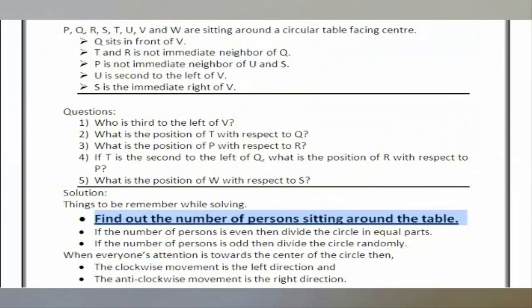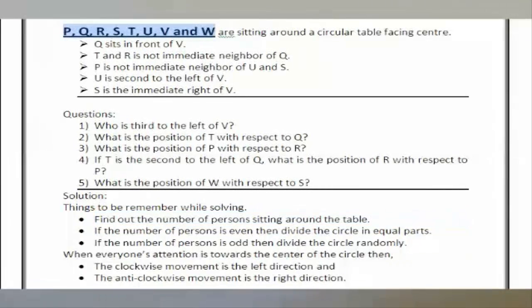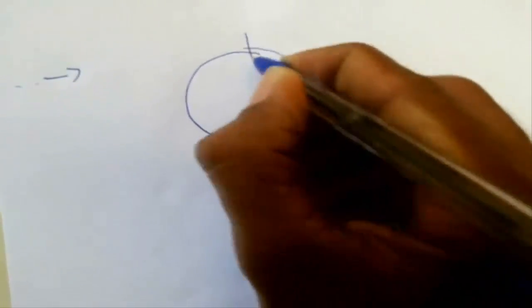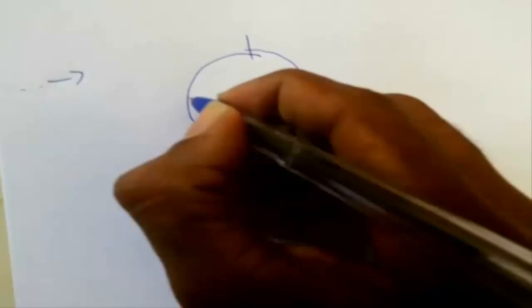Here in this case there are 8 persons: P, Q, R, S, T, U, V and W. So we have to divide the circle into 8 equal parts: 1, 2, 3, 4, 5, 6, 7 and 8.